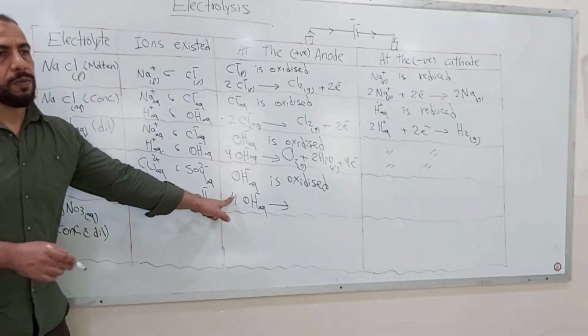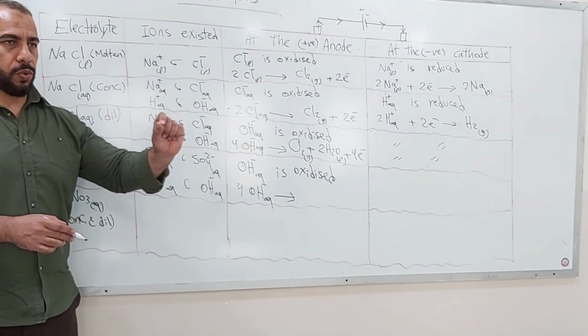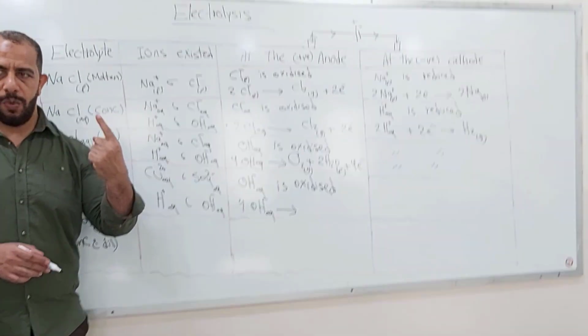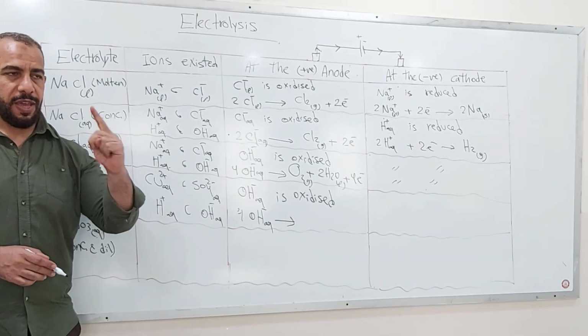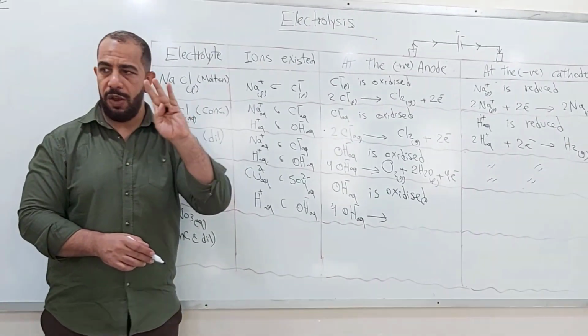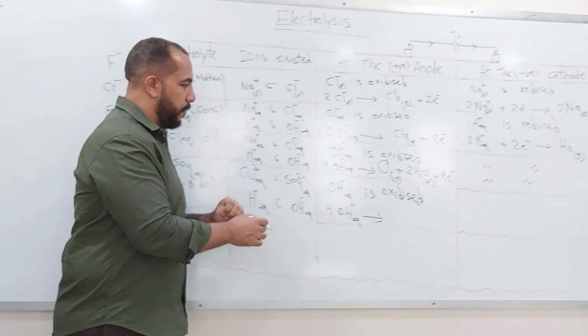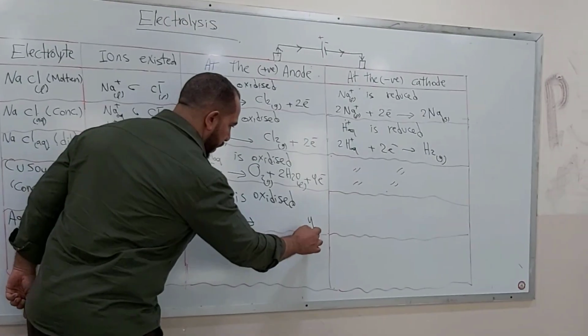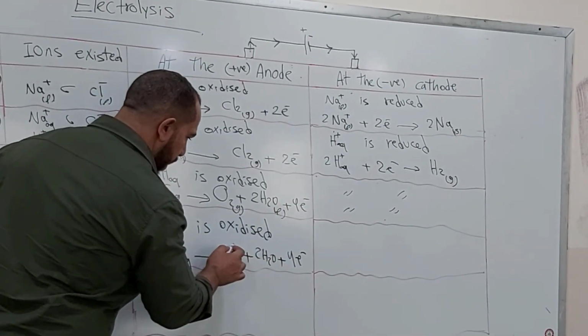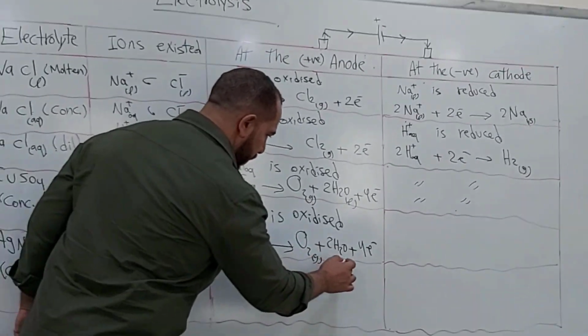And again, why is it 4? Because O2 will produce 1 oxygen molecule. An oxygen molecule is composed of 2 oxygen atoms. Every atom in case of oxygen carries 2 charges, 2 times 2. Okay, so 4 OH⁻ will produce 4 electrons, 2 water molecules, plus oxygen gas.